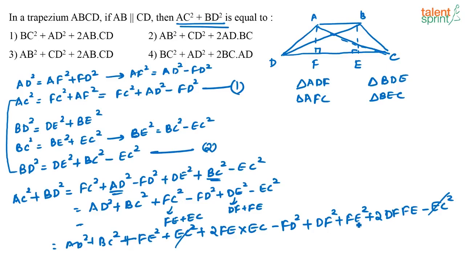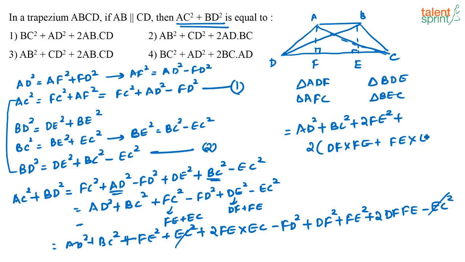So this will be AD squared plus BC squared plus 2FE squared plus 2 into DF into FE plus FE into EC. Here you have FE as common in both places, so you will have DF plus EC. You have DF, EC, FE, right?